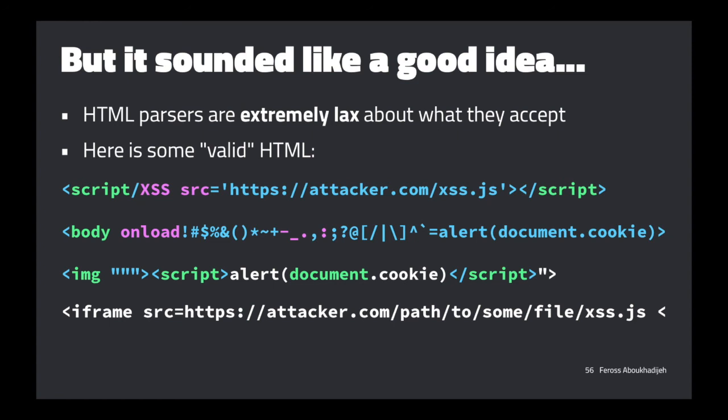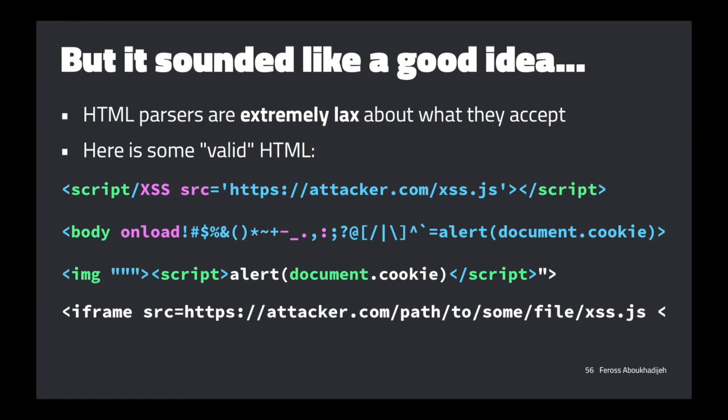I can use slash XSS or whatever I want, and it's going to get past your filter. The browser, though, is going to treat this as a space. So you have differences in what you're looking for versus how the browser is going to interpret it. And there are a lot of examples like that where you can use other characters.